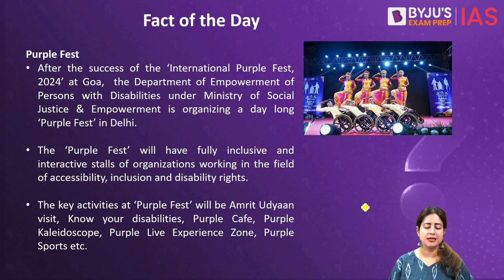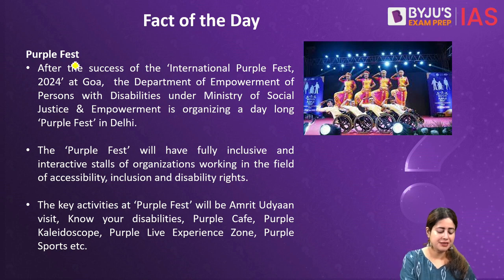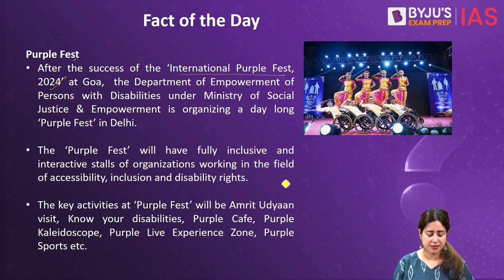And now let's quickly analyze the fact of the day. Today we are talking about Purple Fest. The word fest means a festival or a celebration. And in this case also, that is exactly what it talks about. Now, Purple Fest is an event that was held internationally in 2024 in Goa in India. It was known as International Purple Fest.